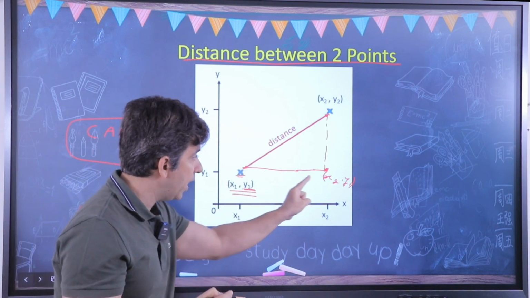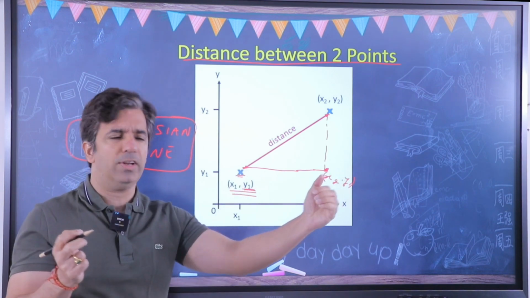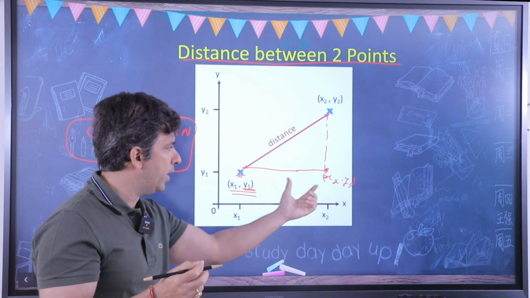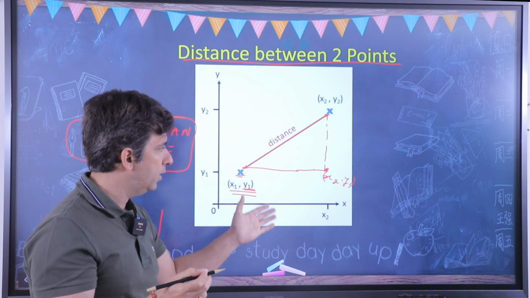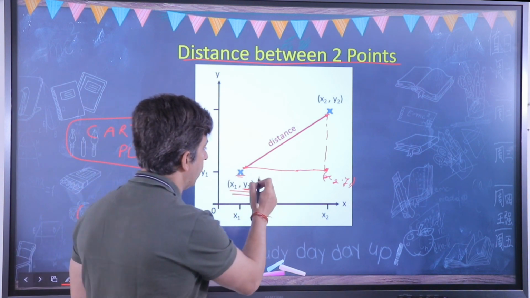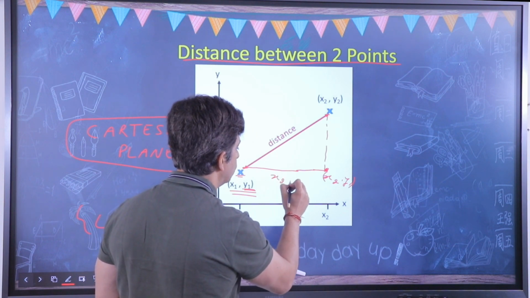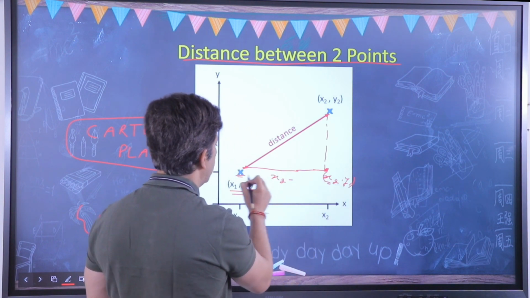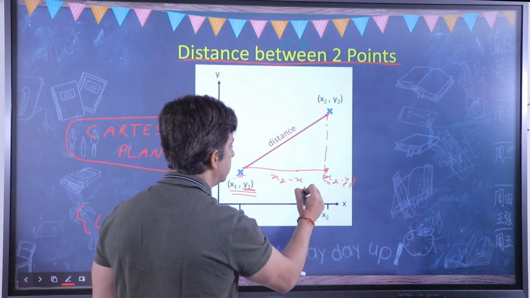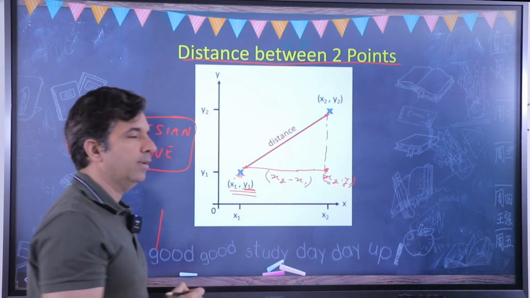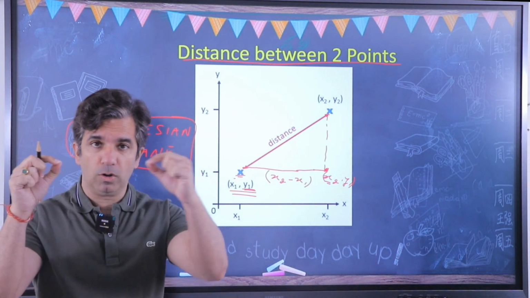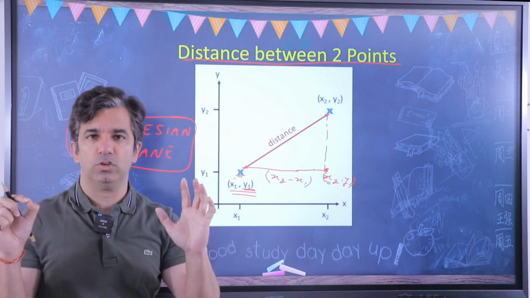How much distance have we traveled? Simply a horizontal distance; we haven't done anything on the vertical side. We can see that this is x2 and this is x1, so this horizontal distance is x2 minus x1.